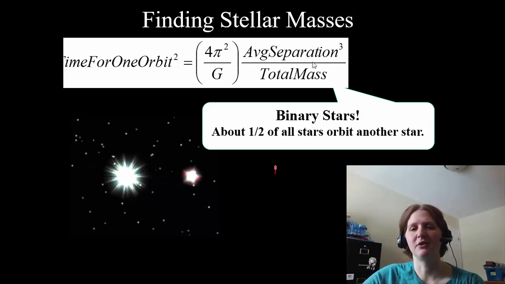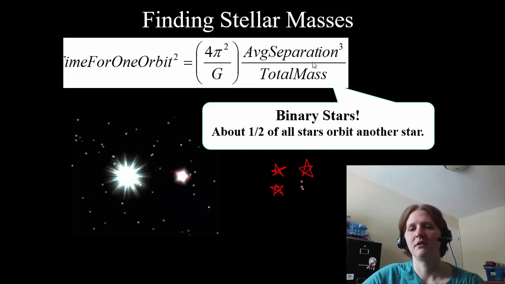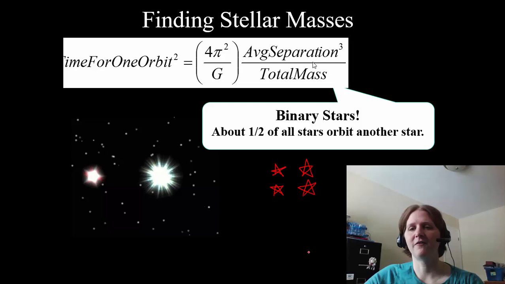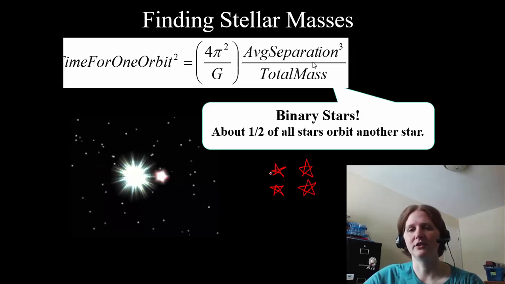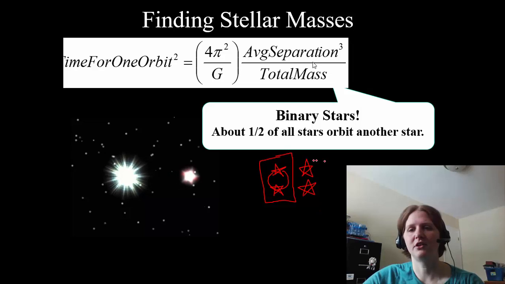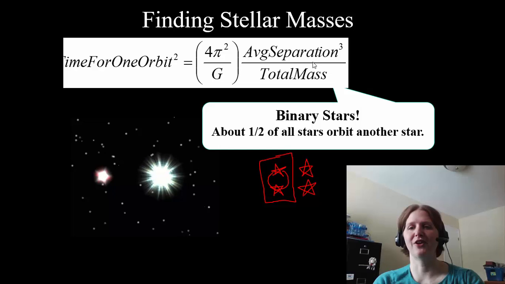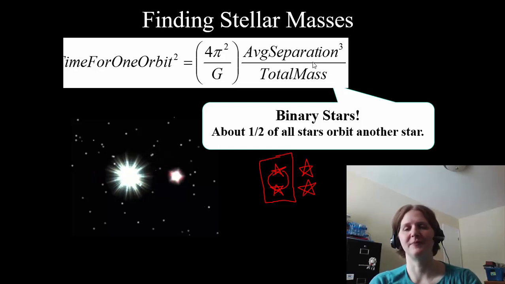But here, let's take a sample of 4 stars. There's 4 stars in the universe. About half of all stars orbit another star, so let's make these 2 a binary system. And this star does its own thing, and this star does its own thing. So there, half of all stars orbit another star.